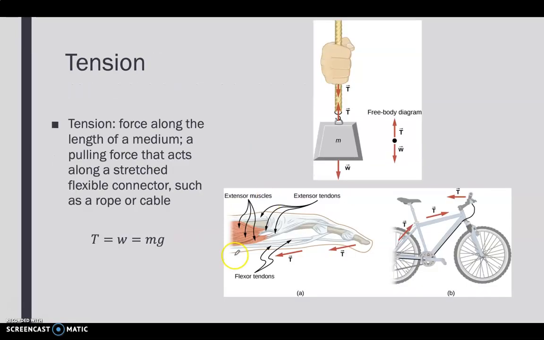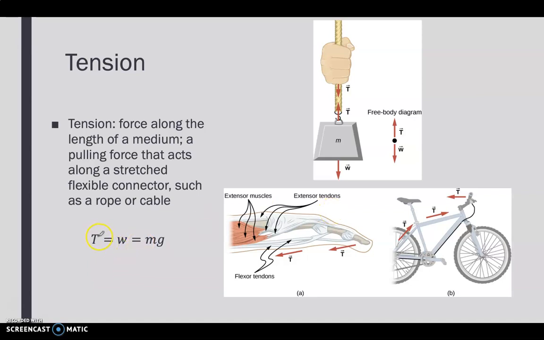All right. Here is another type of force. This is going to be tension, and that's the force along the length of a medium. It is a pulling force that acts along a stretched, flexible connector, like a rope or a cable. We calculate it in a similar way.